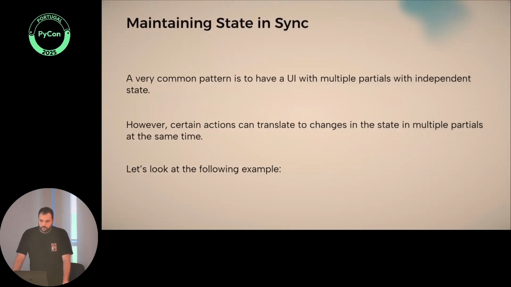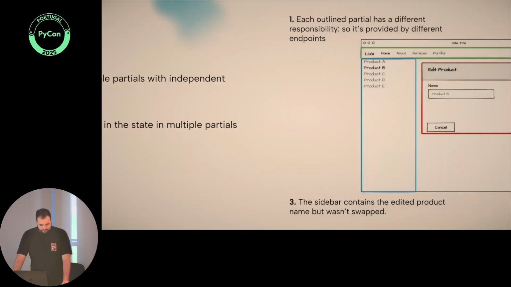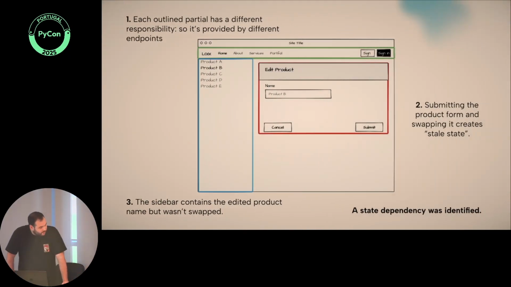When you have multiple partials, so more complex UIs, you need to maintain the state in sync. We'll look at a small example here. This is a mock-up of a UI where you can edit products, with the list of products on the left side. If you edit the product's name, you'll see that the form will be replaced with the new value.